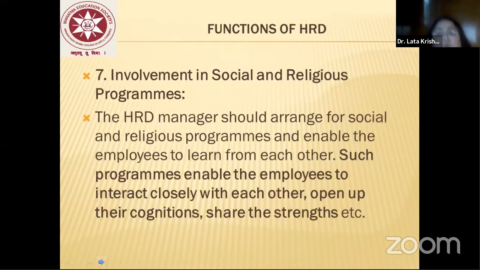Organizational involvement in social and religious programs. Because human beings come from varied backgrounds, it is very necessary that the human resource development function involves social and religious programs, because these two aspects bring about the sensibilities of people working in an organization.